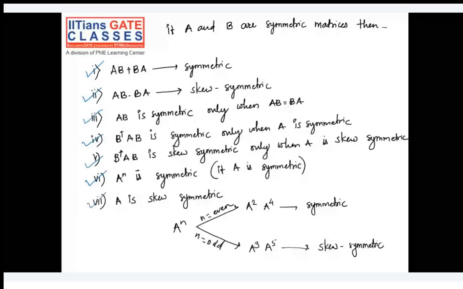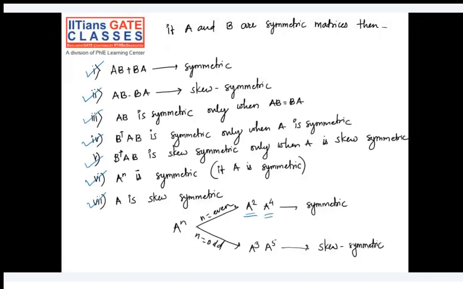If n is even, like A square, A to the power 4, and so on, then you'll end up with a symmetric matrix. But if the power is odd, like A cube, A raised to the power 5, you'll end up with a skew symmetric matrix.